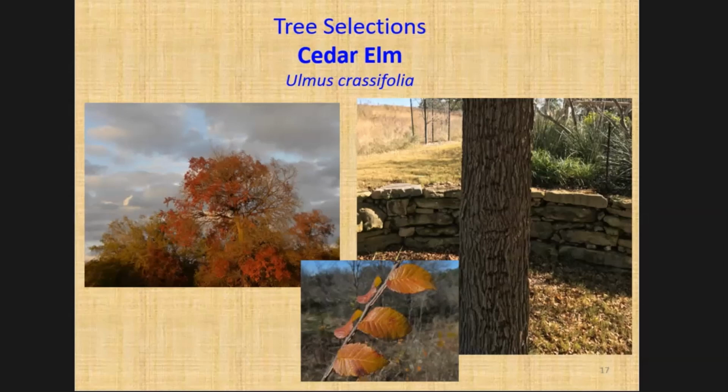It's not even. The color, even though this photo on the left shows fall color with a little red to it, is typically a bright yellow, and the tree is very drought tolerant once established.